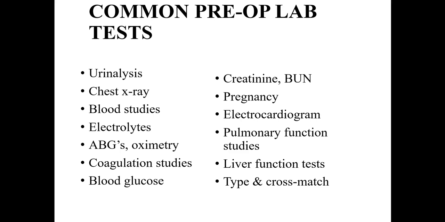So they may have to titrate how much anesthetic they're going to have to give the patient because of a reduced hemoglobin. The hematocrit may indicate dehydration, and if it's decreased, maybe the patient's fluid overloaded.